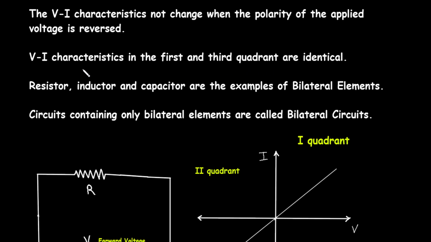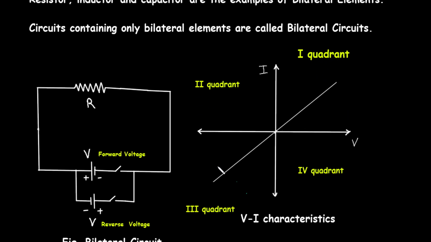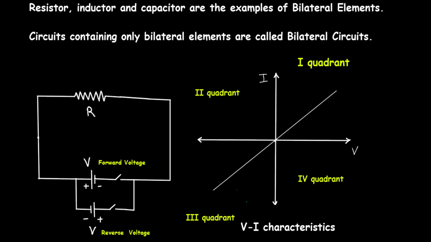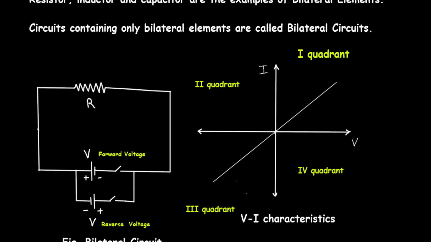VI characteristics in the first and third quadrant are identical. Here we can see first quadrant and third quadrant characteristics are the same. Resistor, inductor and capacitor are the examples of bilateral elements. Here this circuit is made from only resistor.